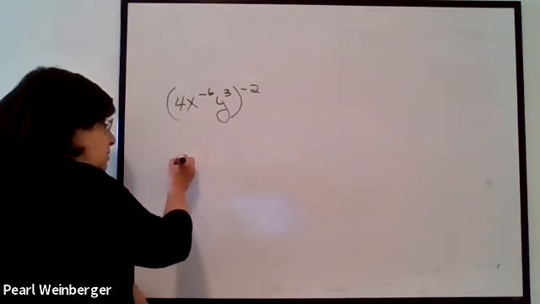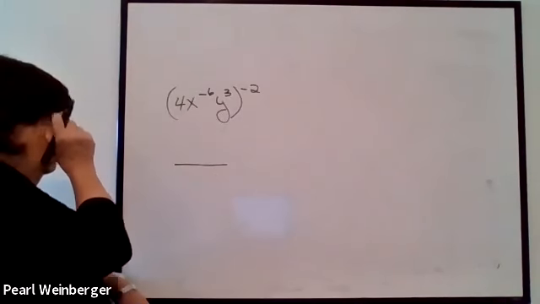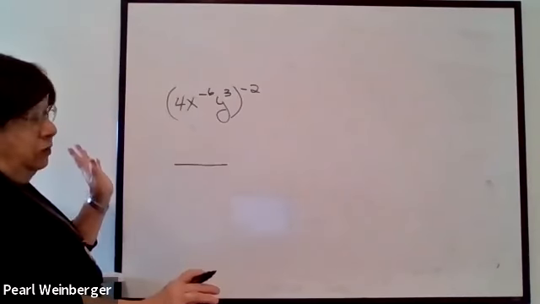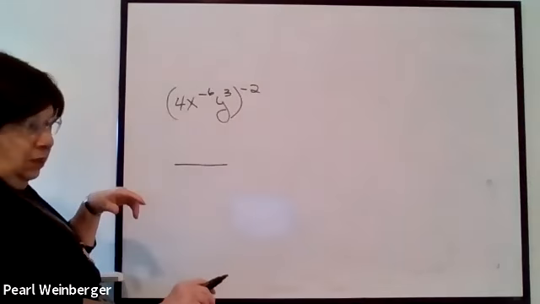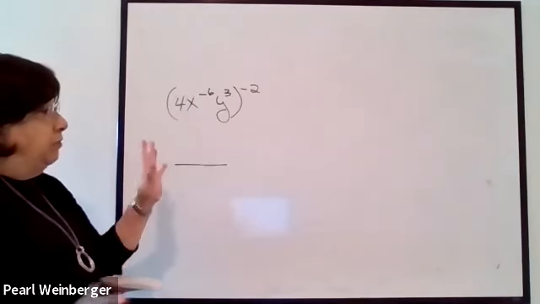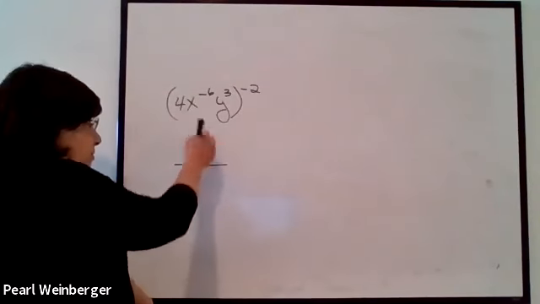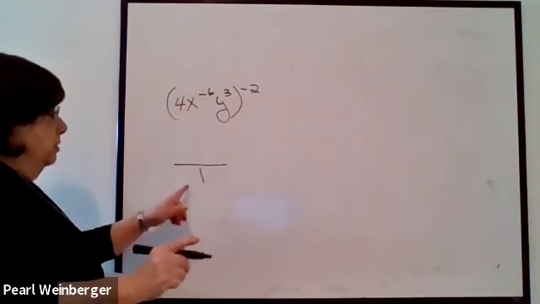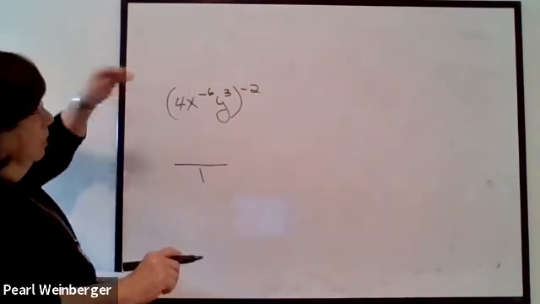As soon as I see any kind of negative exponents, the first thing I know is I'm going to have fractions. So that's the first thing I do. I put in a fraction. In this case, there's nothing in the denominator, so my denominator is just 1. We're starting out looking at this example, and it's really over 1.